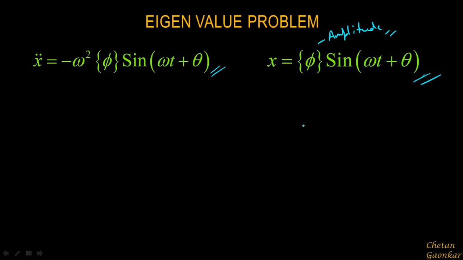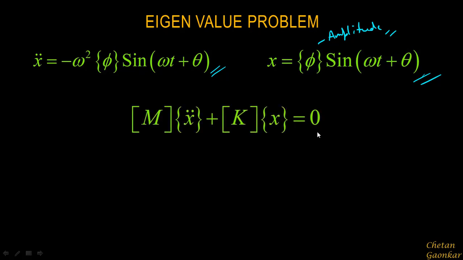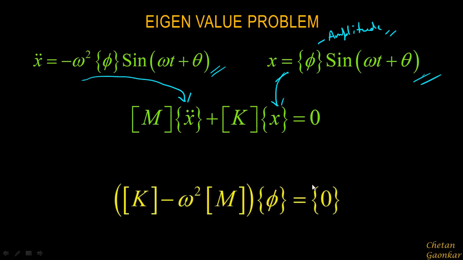So once I have these two, and we know that this is our governing equation of modal analysis, once I substitute this equation here and this equation here, and do some rearrangements, we'll finally end up getting this equation. The adjustments are not that difficult. Basically, we'll have this common term, sine omega t, here and here. We can just cancel them out, rearrange it, and finally we'll get this as our equation.